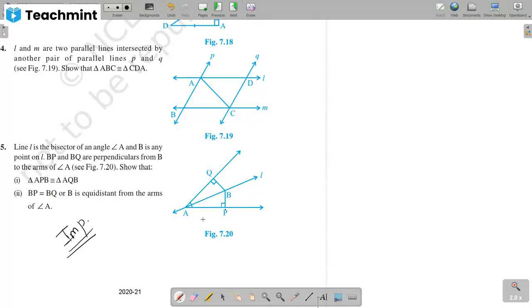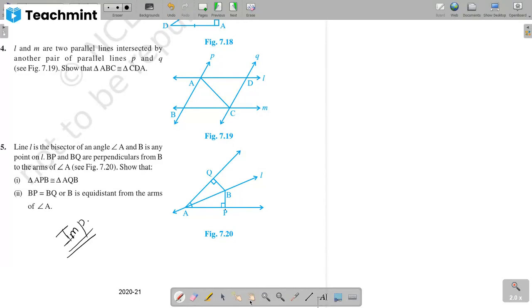We also need to show that BP and BQ are equal, or we can also say that B is equidistant from the arms of angle A. Right now the figure is given, so it's very simple to prove this question. If the figure is not given, then it takes time.